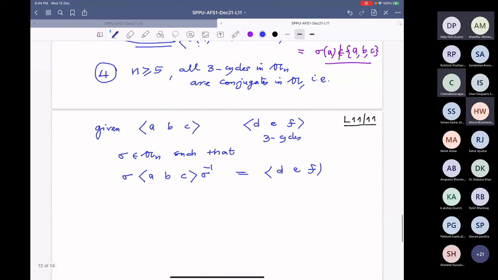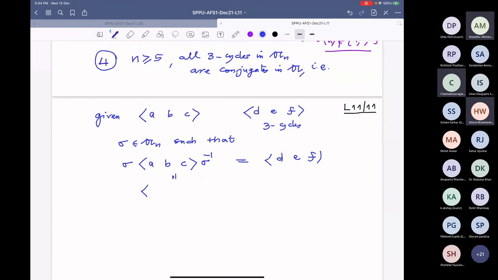So what do you have to solve for? I know this side. This is sigma A, sigma B, sigma C. This I want to be equal to DEF. And I want to define sigma. So I am looking for sigma.